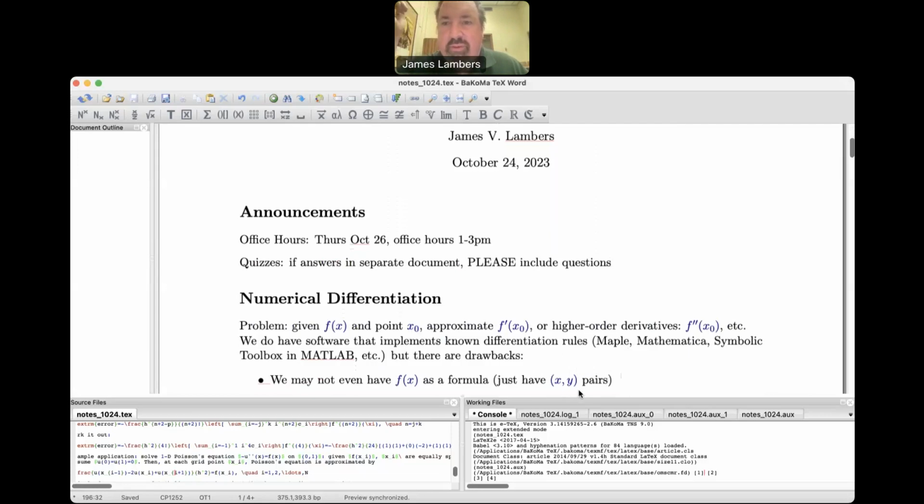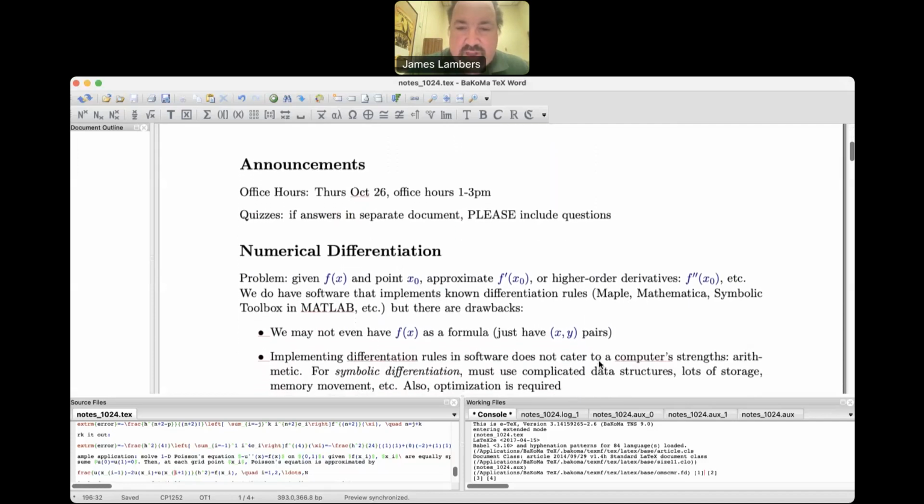In fact, that is what we'll be doing, as I'll explain next class. So that's one thing to think about: you don't always have an actual formula for f of x available. It's just raw data.